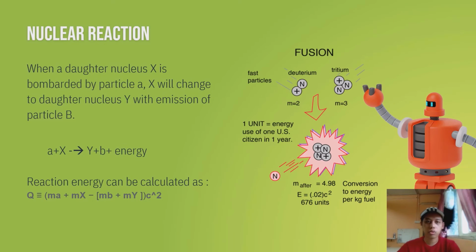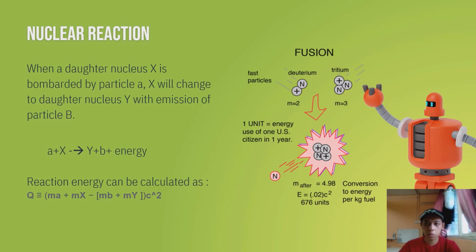Next, we move on to the nuclear reaction. So when a nucleus X is bombarded by a particle A, X will change to nucleus Y with emission of particle B. Like in the equation below, A plus X becomes Y plus B plus energy, and this reaction can be calculated using the formula below, which is Q equal to (MA plus MX minus MB plus MY), and we can multiply it with c squared, and we can see the diagram beside them.